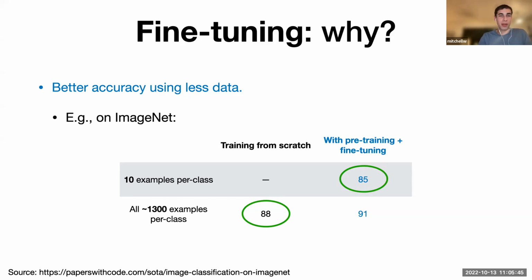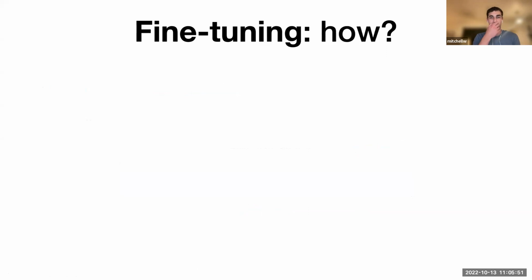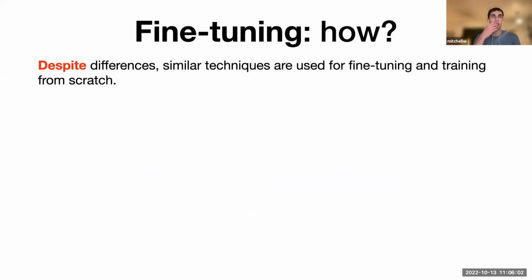But let's actually say, okay, fine-tuning is good, but how is it actually typically done? When we first started along this line of research, things have actually changed a lot since, but when we first started, similar techniques were actually being used for both fine-tuning and training from scratch.